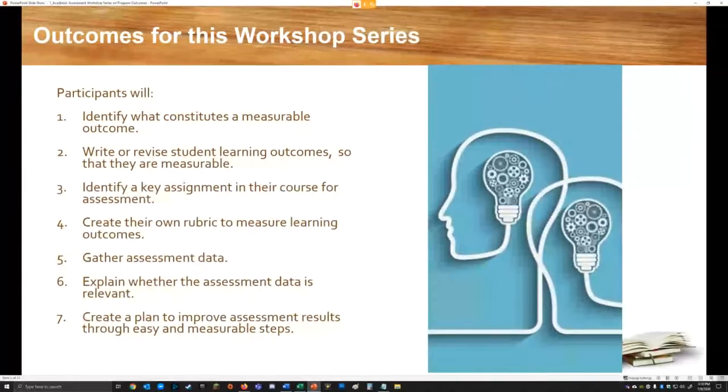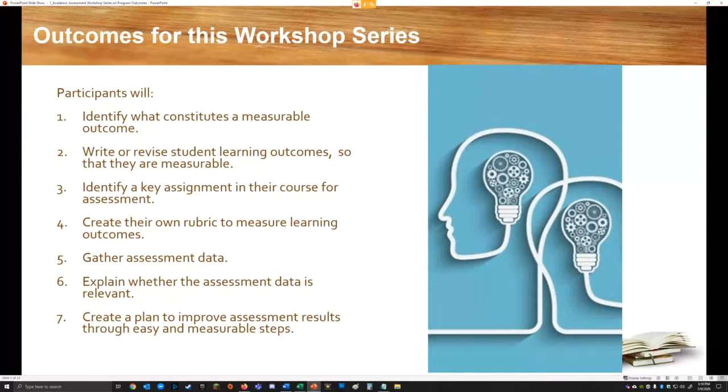So because this is an assessment workshop, we do have our own outcomes. So hopefully by the end of this workshop series, you'll be able to identify what constitutes a measurable outcome. You'll be able to write or revise student learning outcomes so that they are measurable. You'll be able to identify a key assignment in your course for assessment.